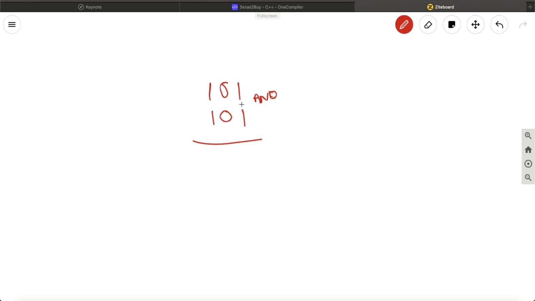We know that 1 and 1 will give us true, because both of them are true. 0 and 0, it doesn't even matter, it's going to give you 0. 1 and 1, again 1. So we get the same thing back, which is 5. So that's how it works on the bit level. Now you have a representation of how those binary operations work. By the way, there will be more zeros in the beginning, because integers in here are 32 bits or 64 bits, depending on what you use, but you get the point, right?